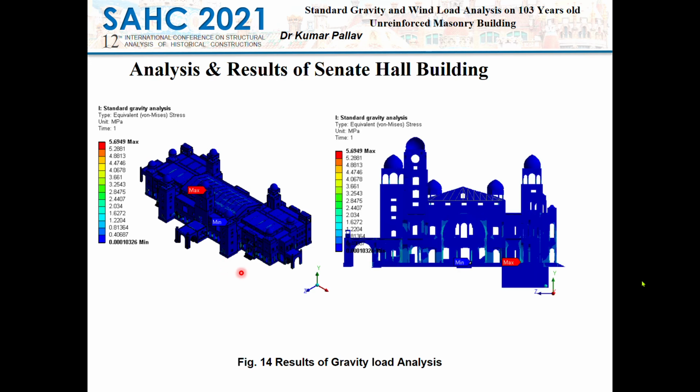And further, if you see the cross-sectional part of this building, that is, we have cut around this direction, and if you see this, the maximum of 5.69 is obtained, that too at the basement level. If you see, around this corner we have one basement which I have already shown you in the plan. So we have obtained around 5.7 megapascal of stress at this particular place.